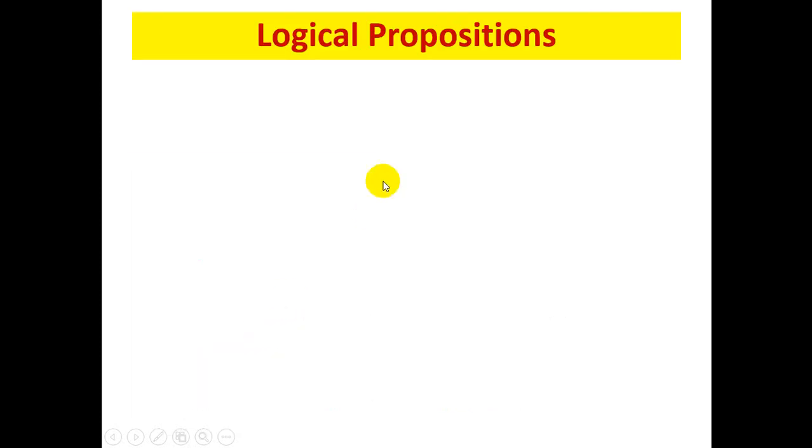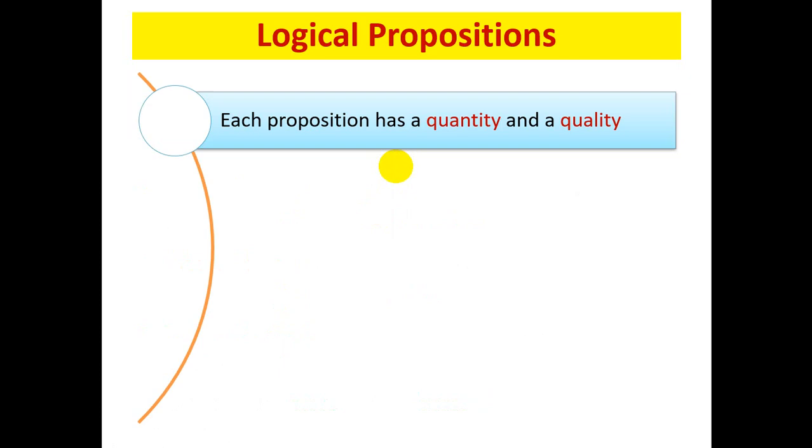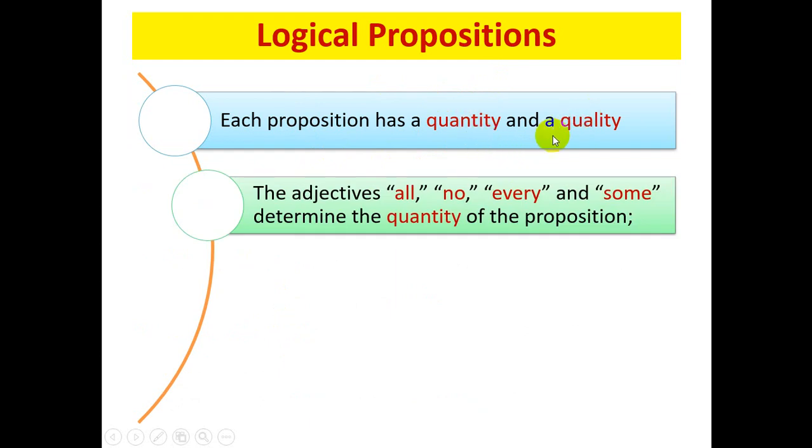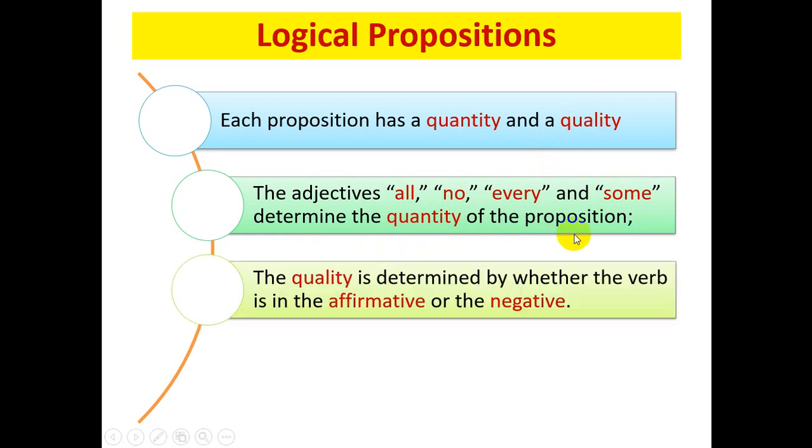Let's tackle here the logical proposition. The logical proposition has to have something concerning quantity and quality. But what is meant by quantity and quality here? The adjectives such as all, no, every, some, among others, determine the quantity of the proposition.